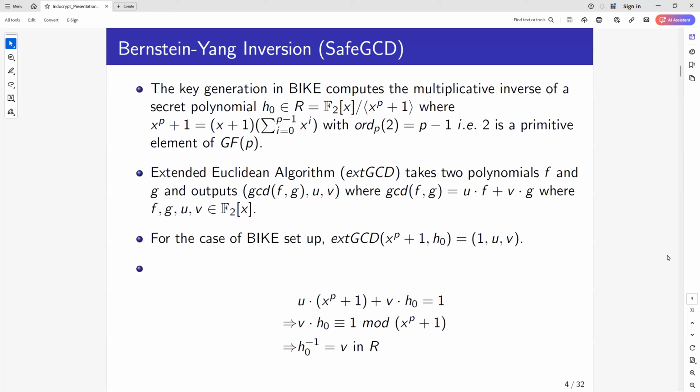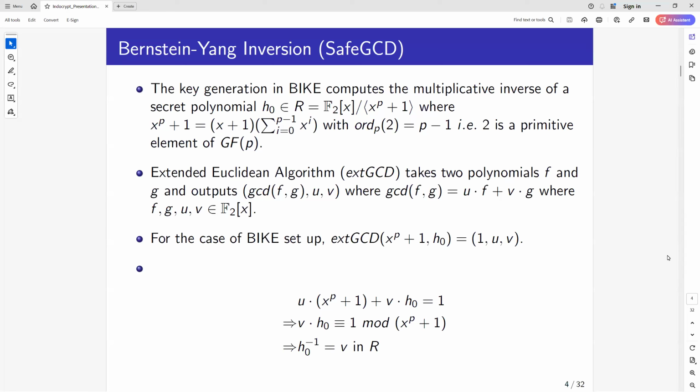First, we will talk about Bernstein and Yang inversion. This inversion is based on the extended GCD algorithm. In their setup, we have a ring F2[x] over x^p plus 1, where x^p plus 1 is factored into x plus 1 times an irreducible factor. For two input polynomials f and g, extended GCD outputs two more polynomials u and v along with the GCD of f and g, where GCD of f and g equals uf plus vg.